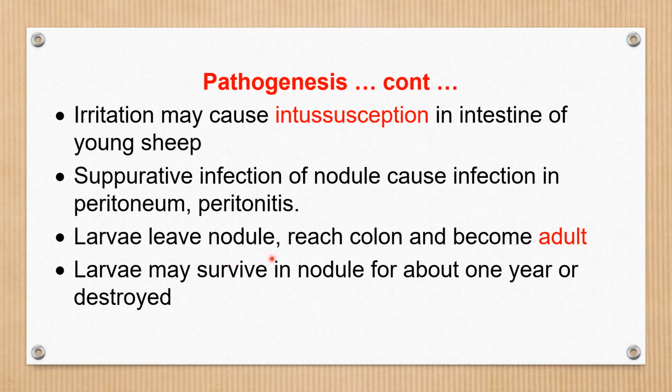Larvae leave the nodule, they come out of the nodule and reach the lumen of the colon, and in the colon they become adult worms. These adult worms copulate and lay eggs. The larva may survive in the nodule for about 1 year, or the larva may be destroyed.